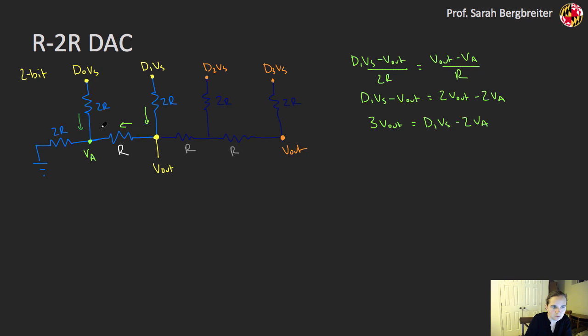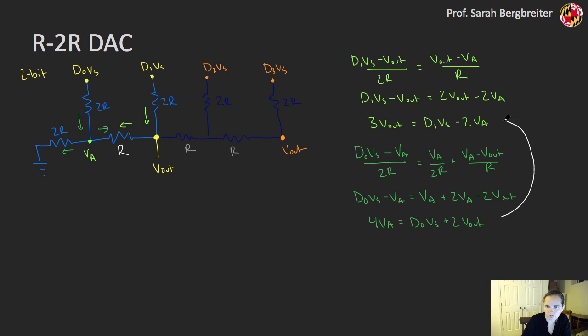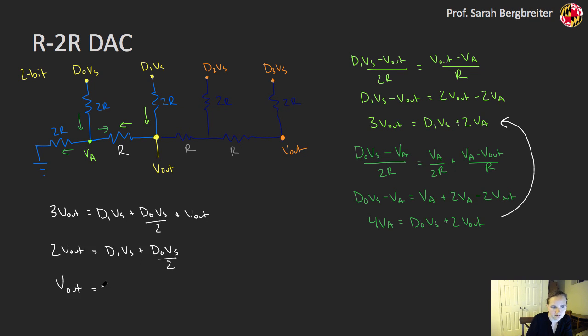I'm going to use these currents right here, and I can plug this back in here. I just realized this should be a plus sign over here, as I'm moving that over to this side. Ultimately I'll get 3 V out is equal to D1 VS plus D0 VS over 2 plus V out, or V out is equal to D1 over 2 plus D0 over 4 times VS.